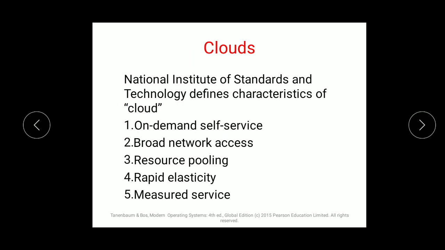Clouds can be public and private, and each provides different services to its users.